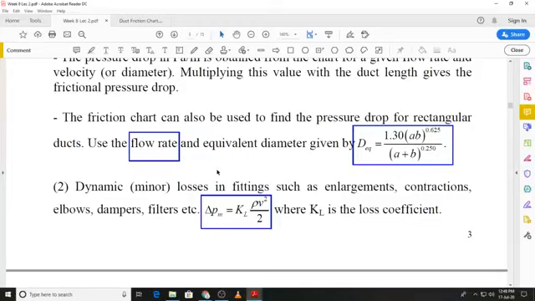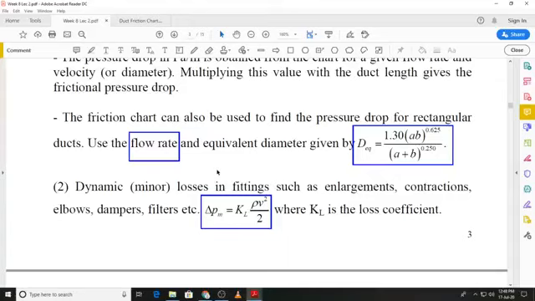One word of caution, do not use D equivalent and the velocity to find out the pressure drop for rectangular ducts. If you are using D equivalent, then use the flow rate only for rectangular ducts.